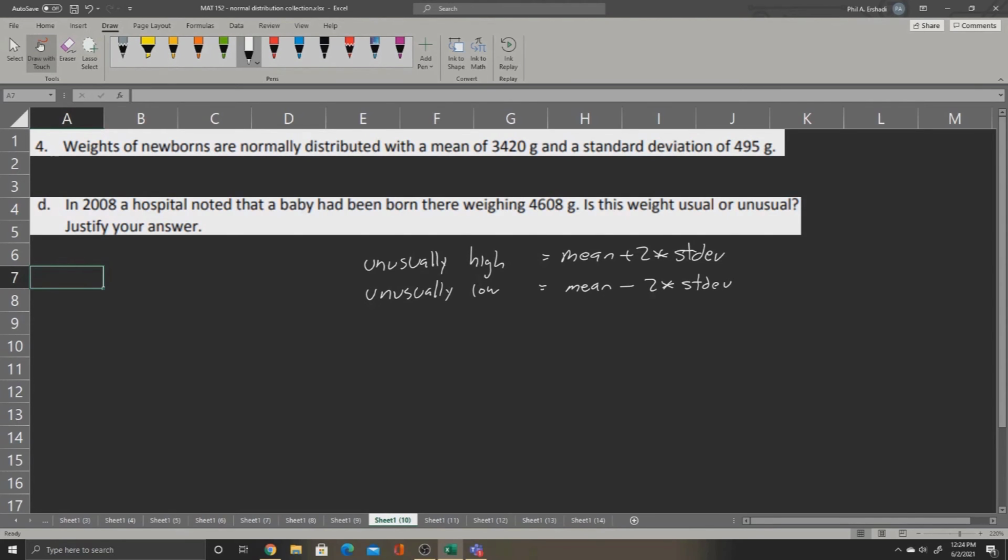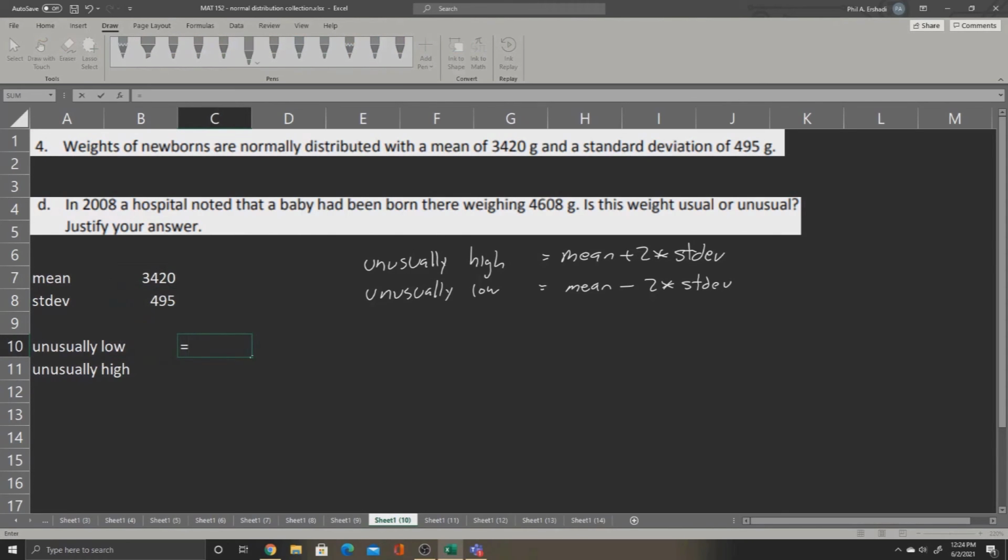So let's first enter the mean and the standard deviation. Based on that, we can get the unusually low value and also the unusually high value. We enter our mean, 3,420, and our standard deviation, 495. The unusually low value will be the mean subtract 2 times the standard deviation. And then the unusually high value will be the mean, and then add 2 times the standard deviation.